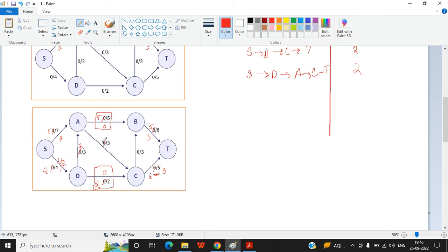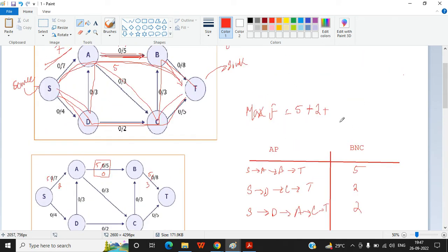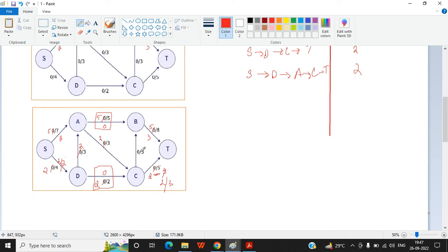This will also be 2, and this will become 1, this will be 2 by 3. Residual will become 1 in each. Before residual, you just add the maximum flow, otherwise you will forget. Adding maximum flow, I've added it.